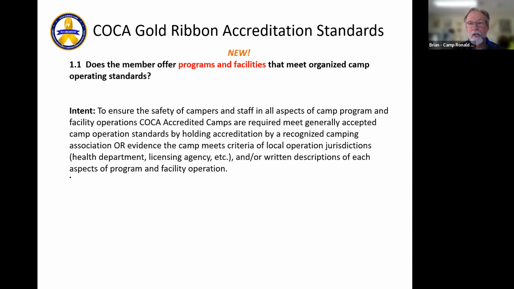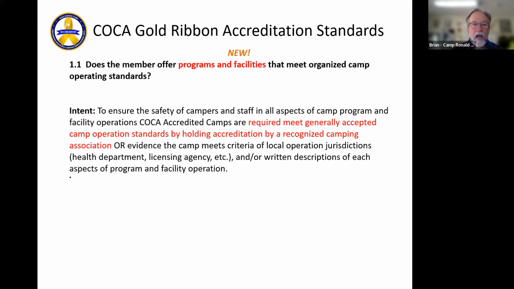If we take a look at the intent, the intent really says that all aspects of the camp program and facility operations of the COCA accredited camp meet generally accepted camp standards. So the question is, how do we do that? That's one of the things that 1.1 is saying. Within this, as far as the intent, we want to make sure that the programs are great, but also the facilities are safe.